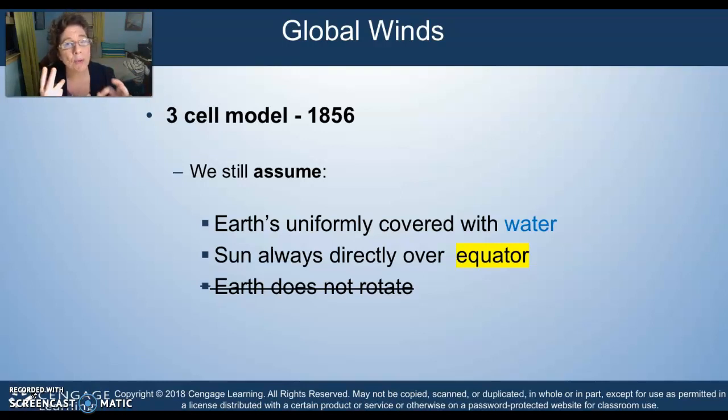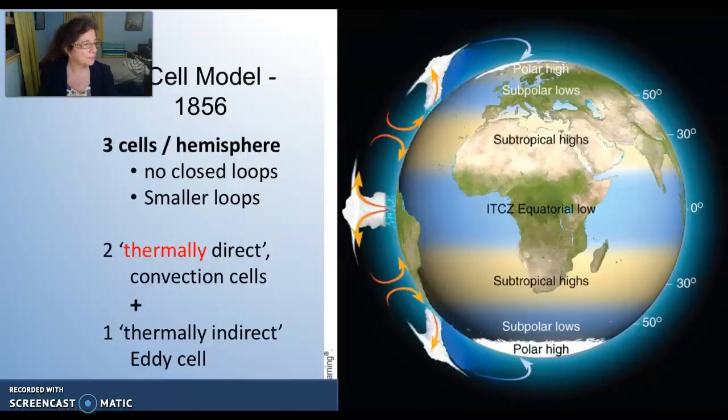Not widely known. In fact, the Germans didn't know about it as of World War I, but it was in some scientific communities. Let's go into the 3-cell model a bit more. The 3-cell model erased the closed loop of the Hadley cell, but did maintain most of the Hadley cell.